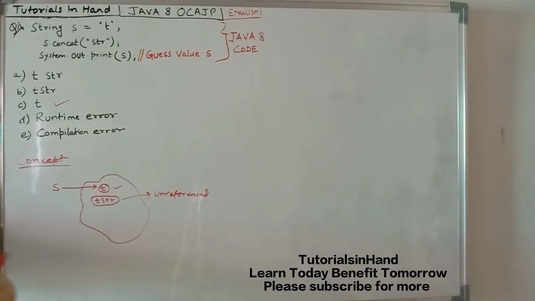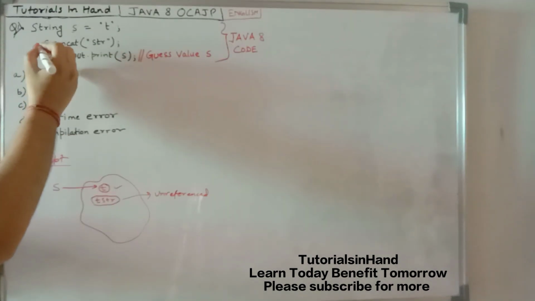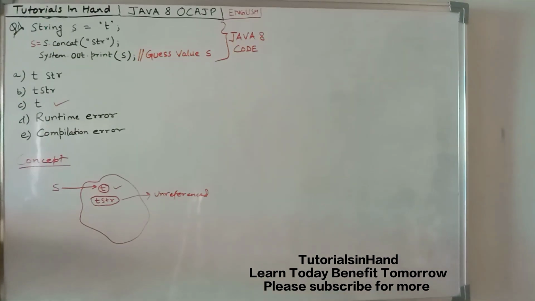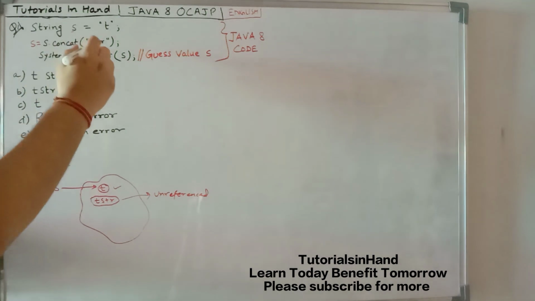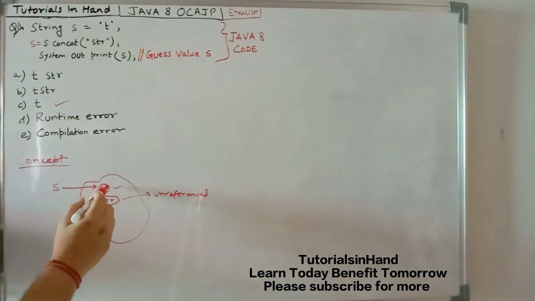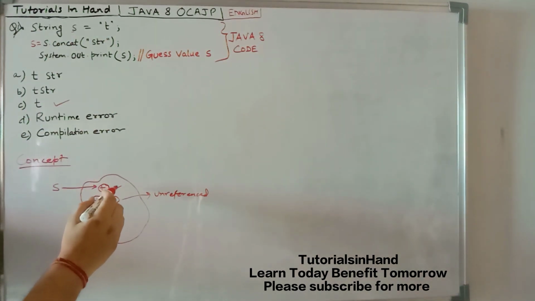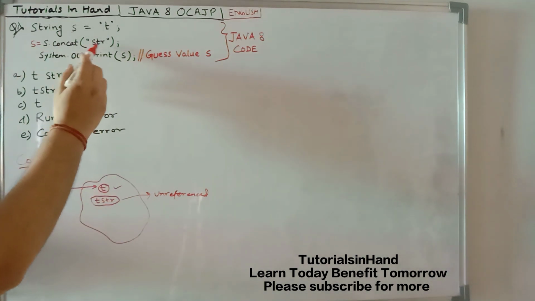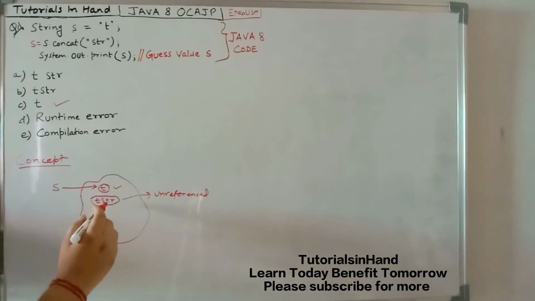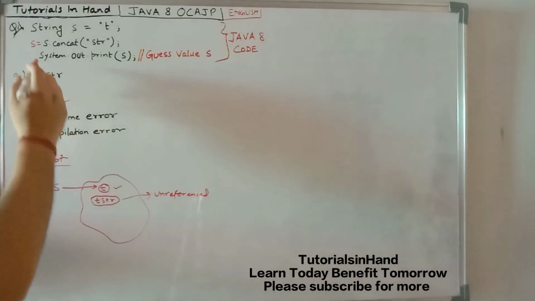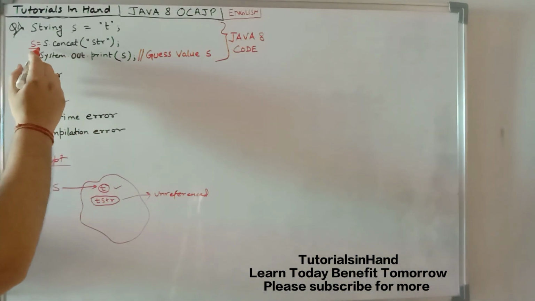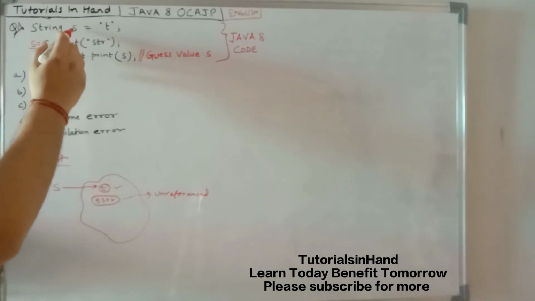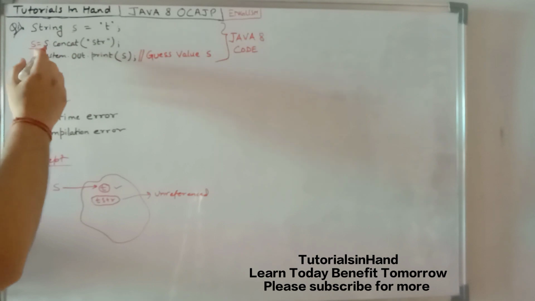But now suppose this code was written like this, where s = s.concat("str") happens at the second line. The first line still works as I explained earlier, but in the second line, s.concat("str") creates the "tstr" object, and you are saying that now s will refer to this newly created object, so the value of s is getting overridden.